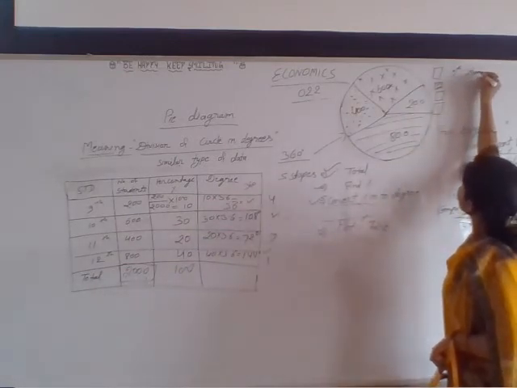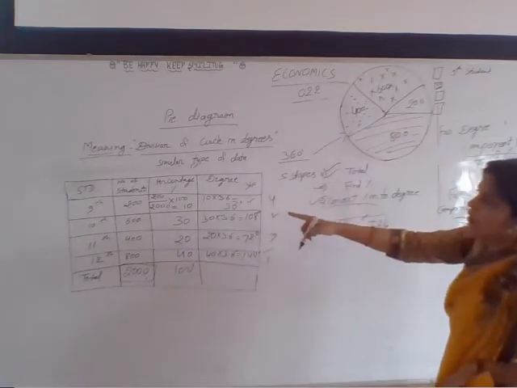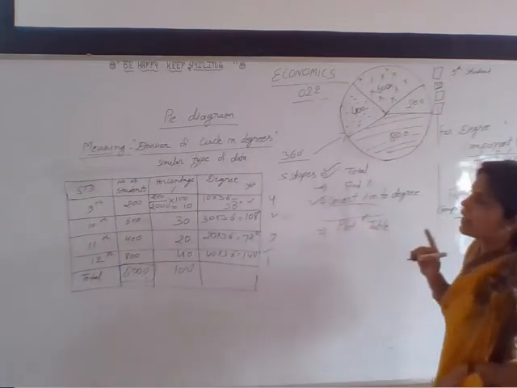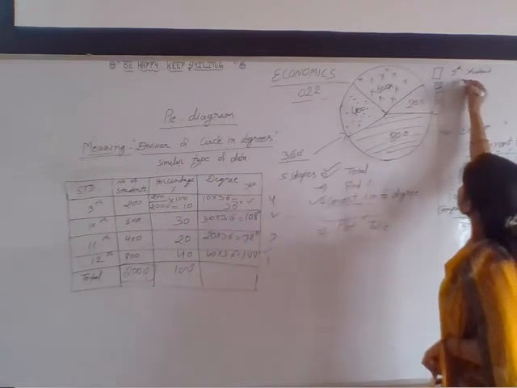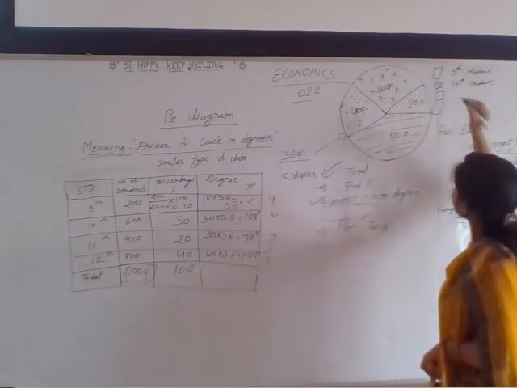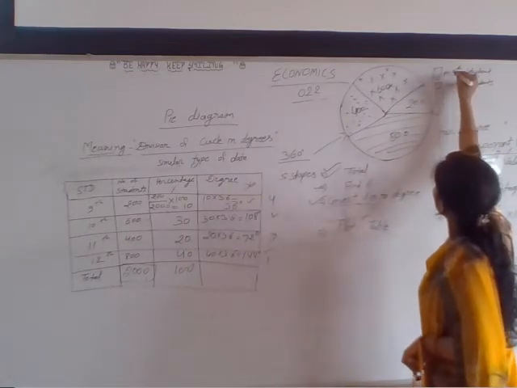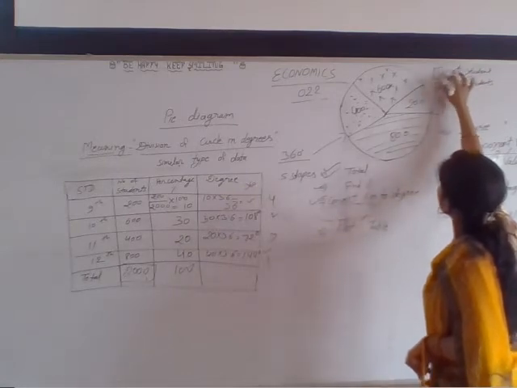Okay. Then next one is for 600 and it is for 10th students. So we should write here 10th students. Number of 10th students. Number of 9th students.